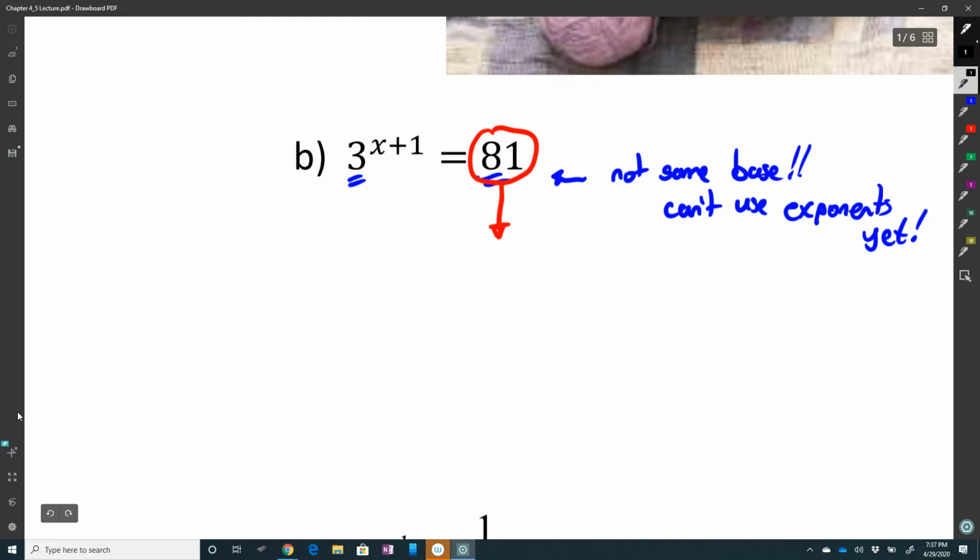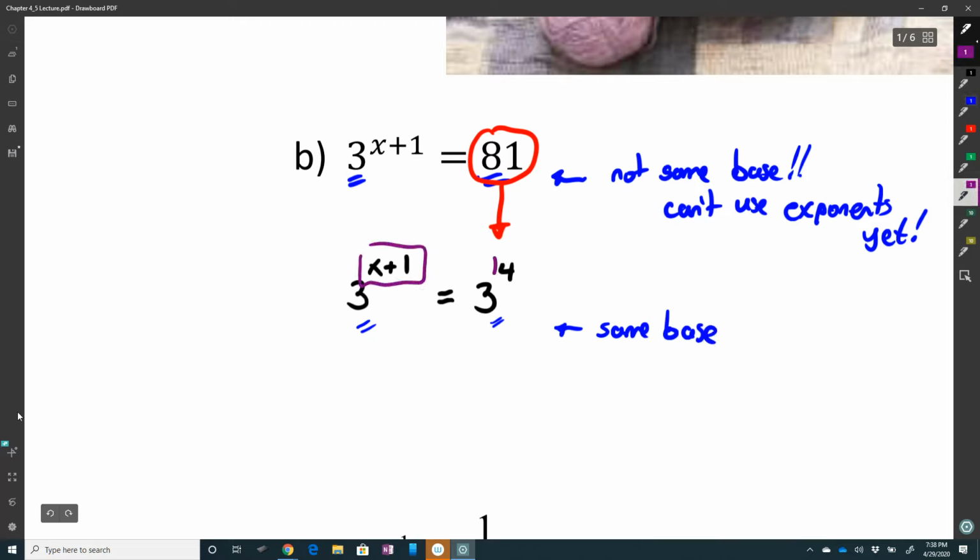And it turns out 81 is 3 raised to the 4th power. Right? So now they're the same base, and since they're the same base, I can get these exponents and set them equal to each other. x plus 1 is equal to 4. Therefore, x equals 3.